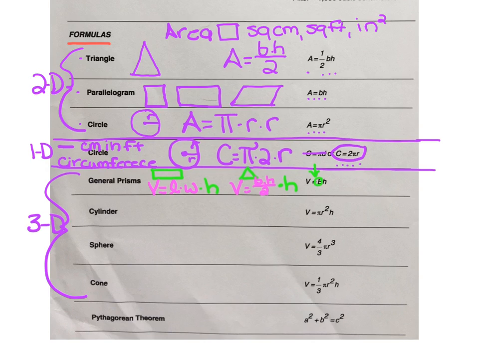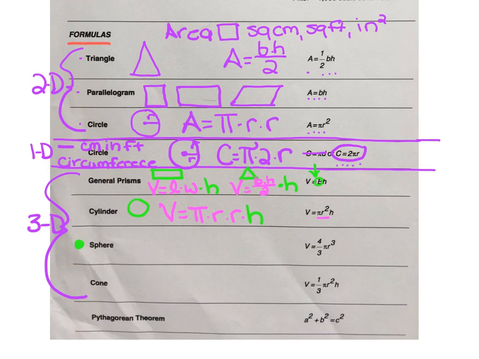If we have a circular bottom or a cylinder, we're going to use the formula V equals, and it's given over here, but pi times R times R times H. Those are the three main formulas we will be using when we're calculating volume.